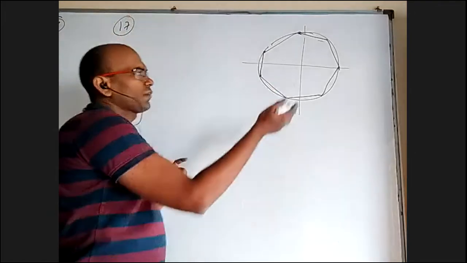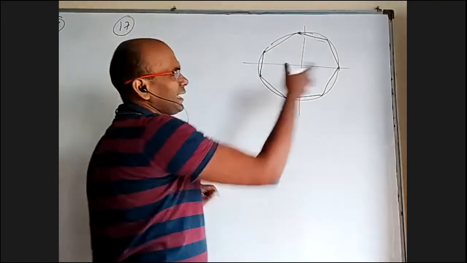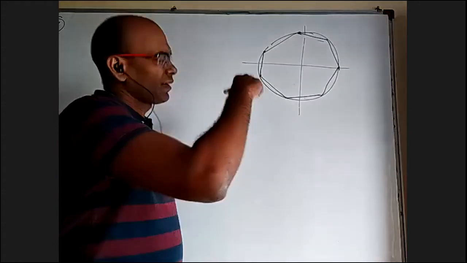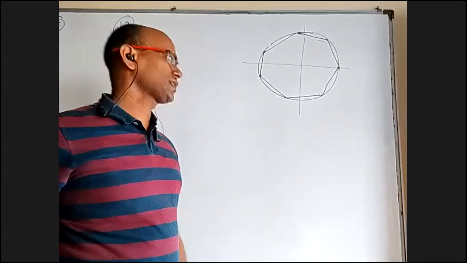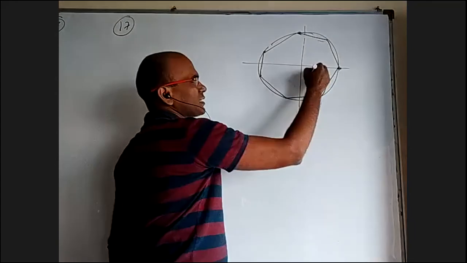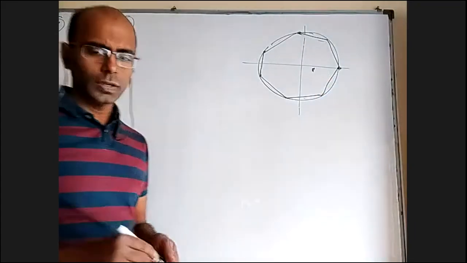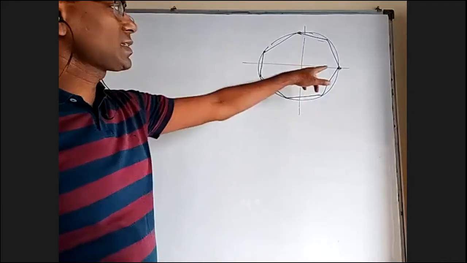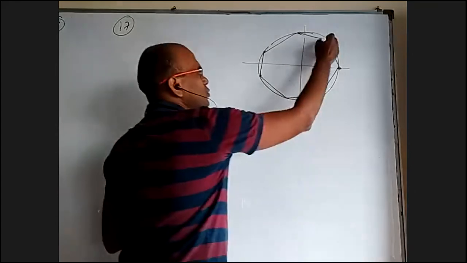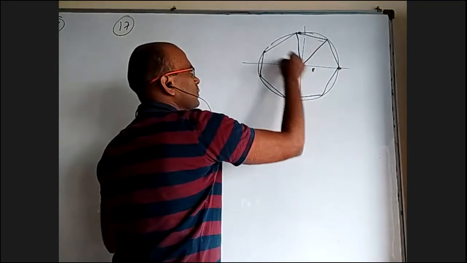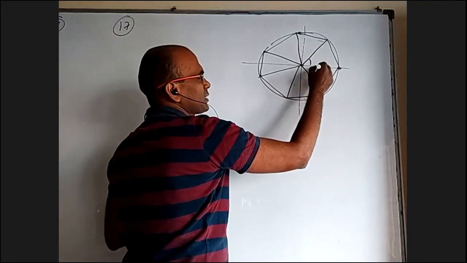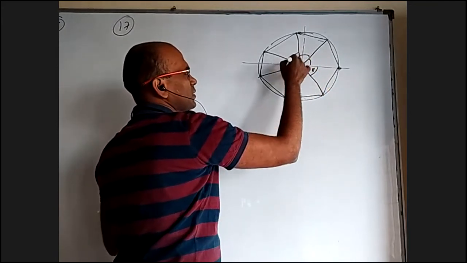This is a circle of radius 1 unit and a regular heptagon of 7 sides is inscribed. The vertices are called Z1, Z2, Z3, up to Z7. They said only radius is 1. They did not say you have to take one vertex at 1, not necessary. But if I take this vertex at 1, this angle is 2 pi by 7, this is 2 pi by 7, this is 2 pi by 7.